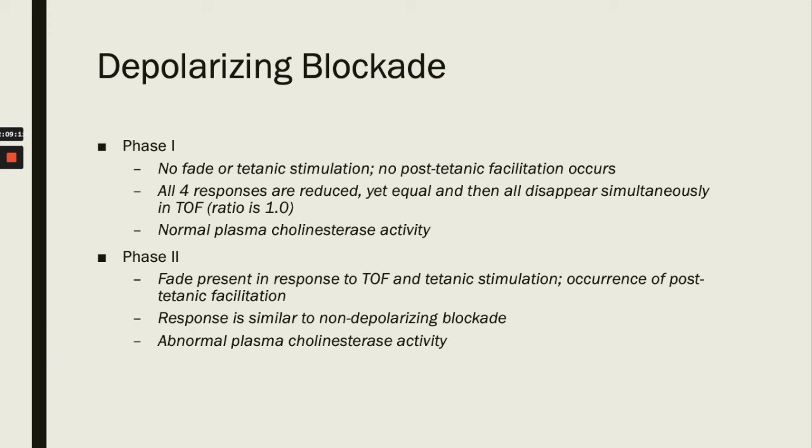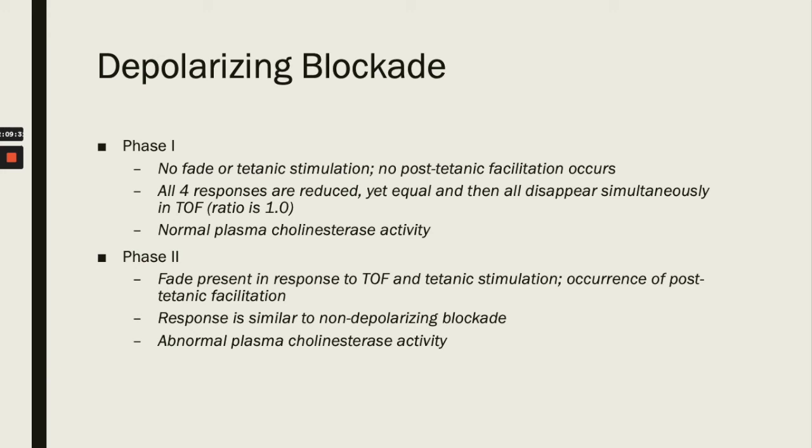Phase 2 blockade, so there is fade present in response to the train of four and tetanic stimulation. There's also occurrence of post-tetanic facilitation. The response is similar to a non-depolarizing blockade.